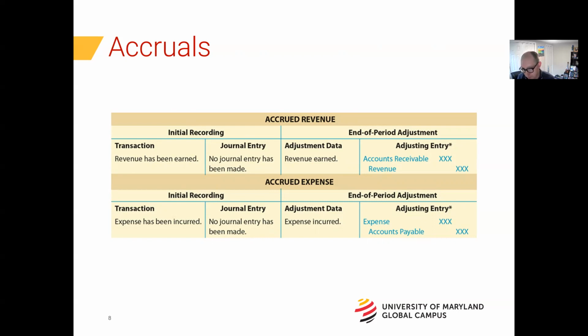So I debit accounts receivable and credit revenue, which means I increase my accounts receivable and I increase my sales account to represent the sales that I made, the revenue that I earned. For expenses, in this example, I incurred expenses in the previous month, but have not yet recorded them, like my utility bill. So I would debit my utilities expense and credit accounts payable.